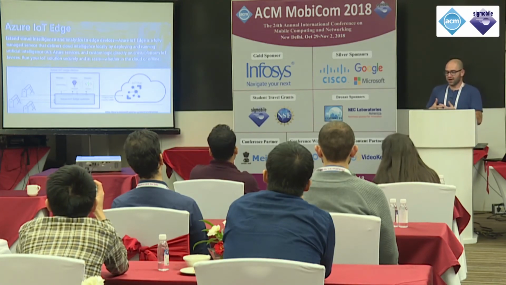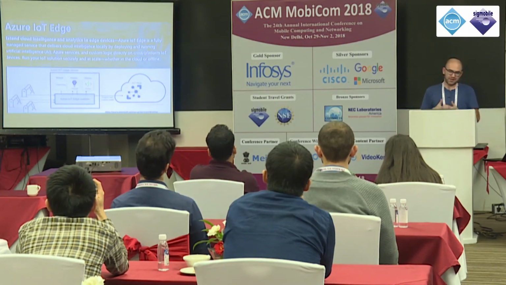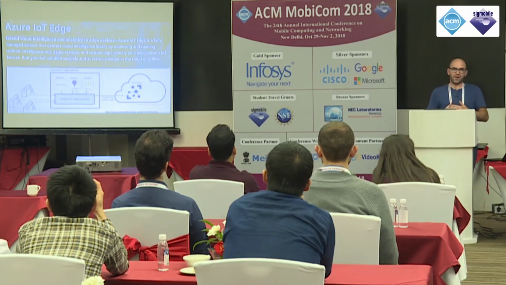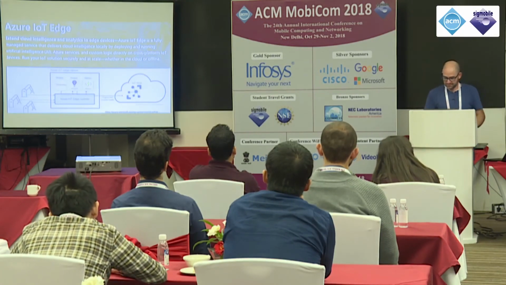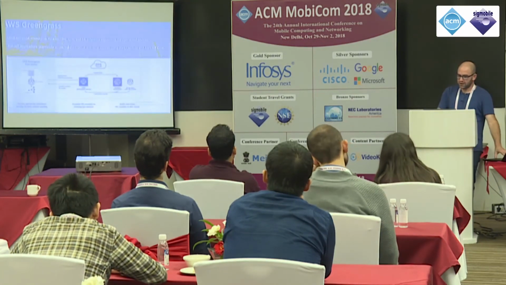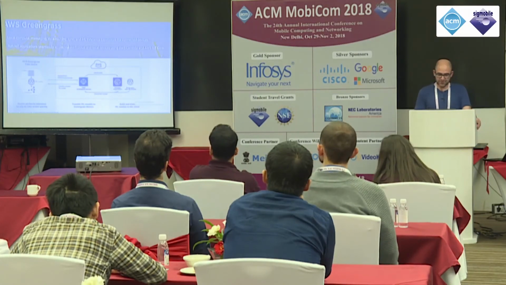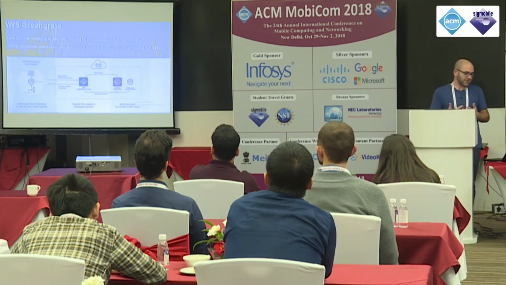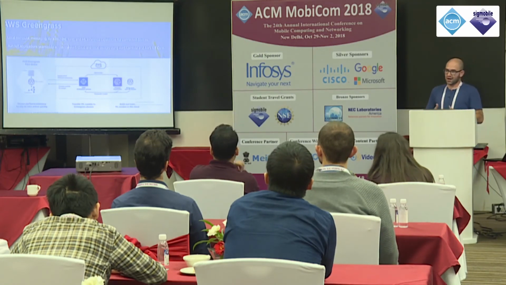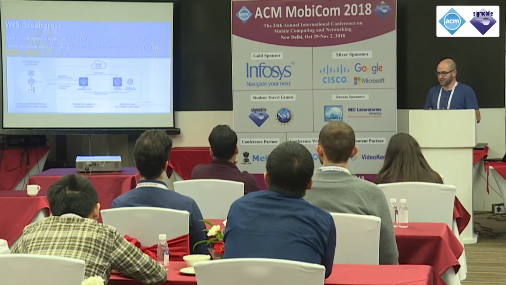It's one of these platforms that makes it easier to involve edge computing, compute power, in your applications. AWS Greengrass is Amazon's version of this. It's very similar in goals, a little bit different in how it's actually put together.